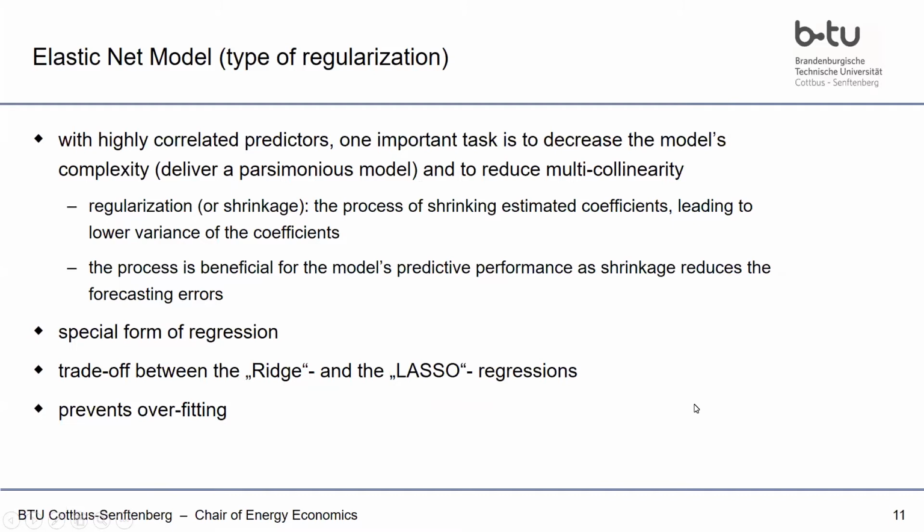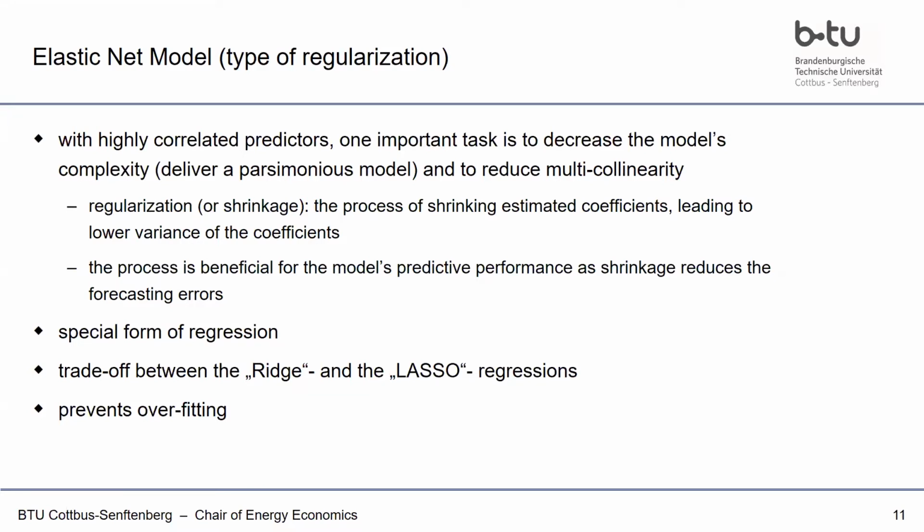Now we arrive at the methodology we use for our research. This is the elastic net model. For those maybe not so familiar with it, it's a type of regularization. When we have highly correlated predictors, one important task is to decrease the model's complexity, so as to deliver a parsimonious model and to reduce the multicollinearity.